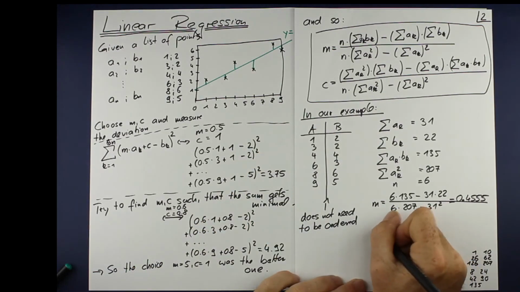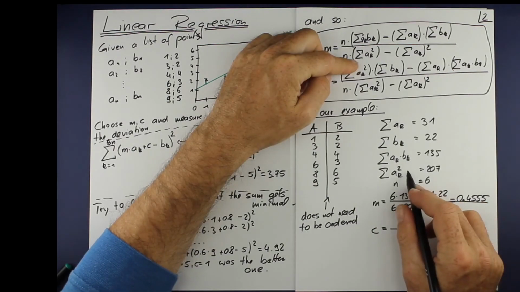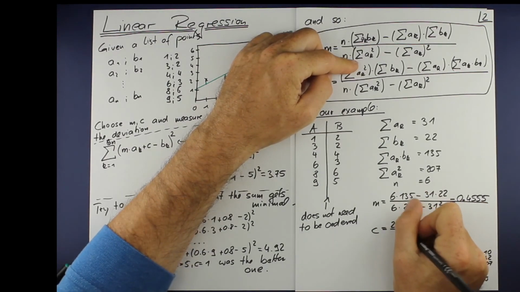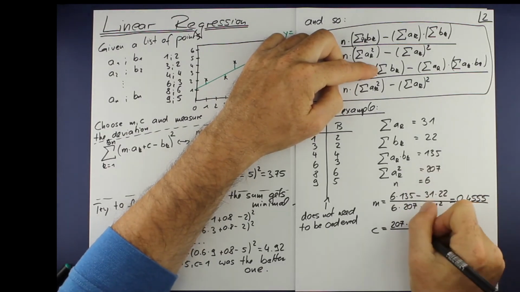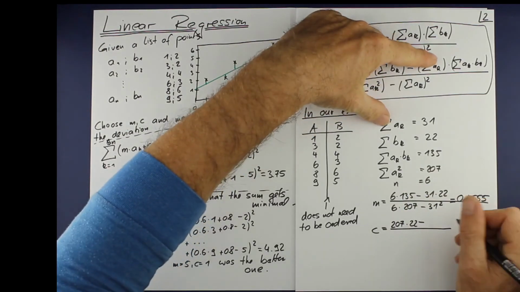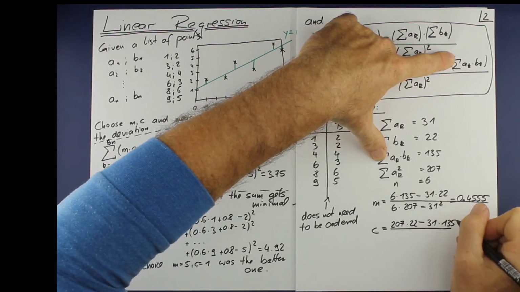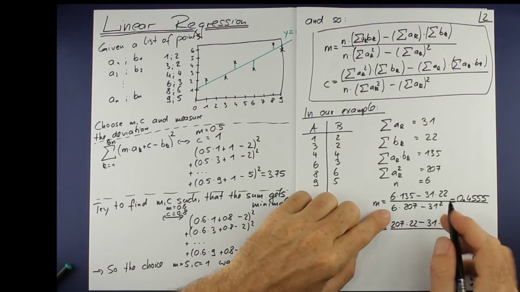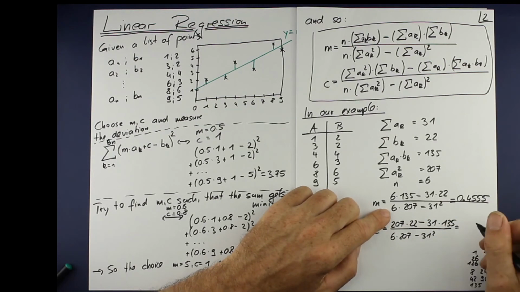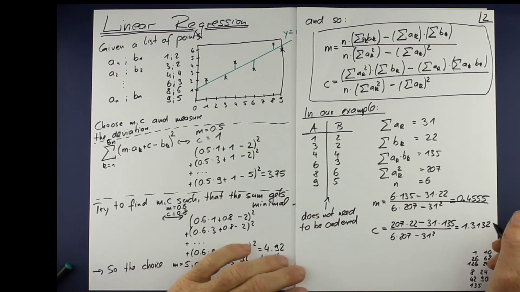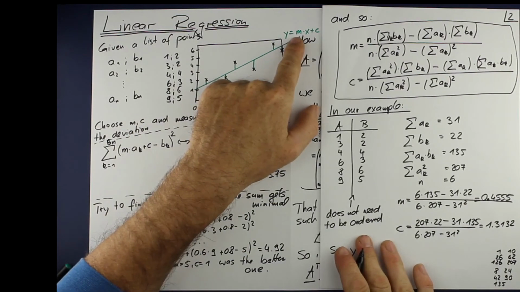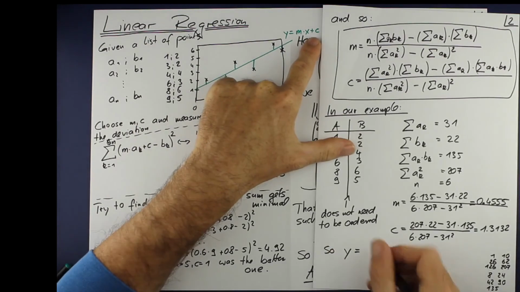Okay, and how to choose c? c is 207 times 22 minus 31 times 135 divided by that. And using electronic help, you will be told 1.3132. And that means the values of m and c are to be chosen.